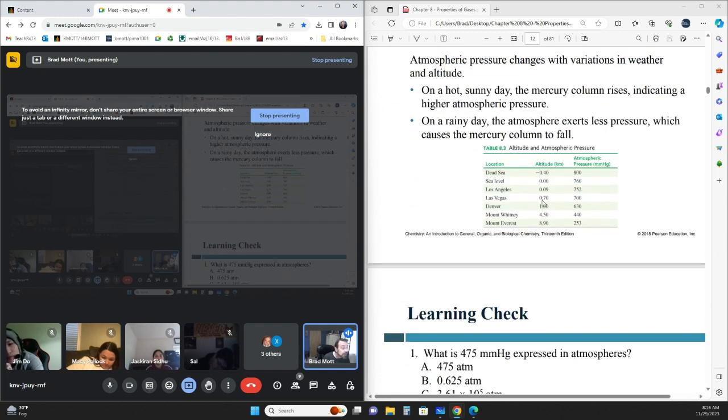So here we are, various atmospheric pressures. The Dead Sea is actually below sea level, so it has higher than an atmosphere, 800 millimeters. Sea level is 760. Los Angeles is right at sea level. Las Vegas, then all the way up to the top of Mount Everest, the highest mountain on Earth, your atmospheric pressure has dropped all the way to 253, about a third of what it is at sea level.